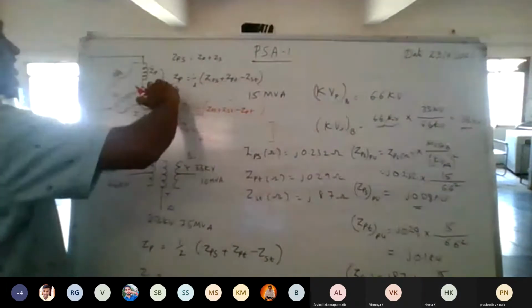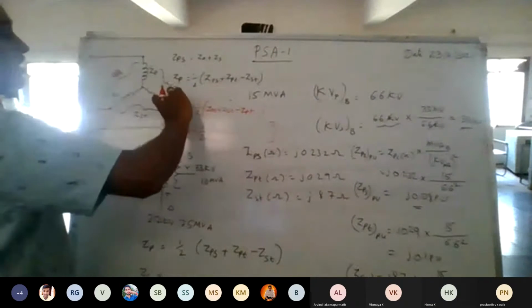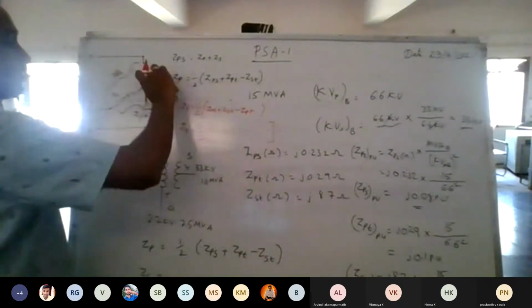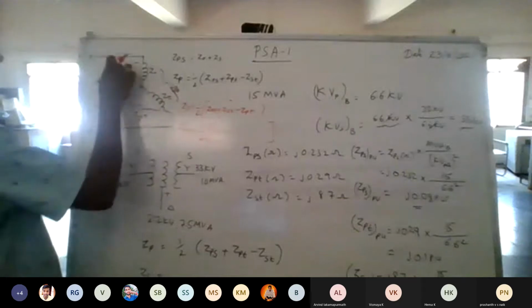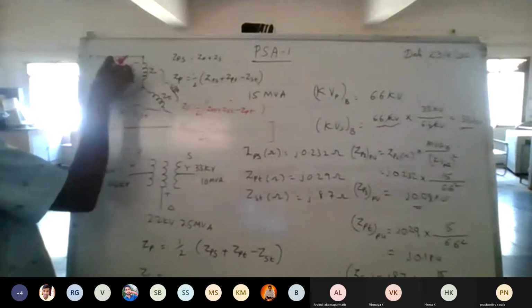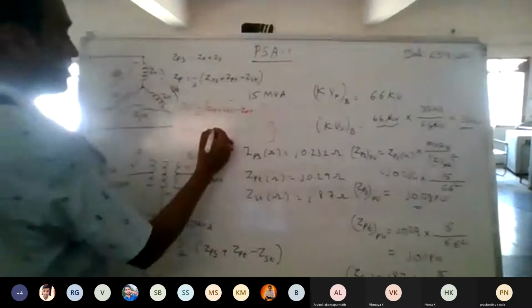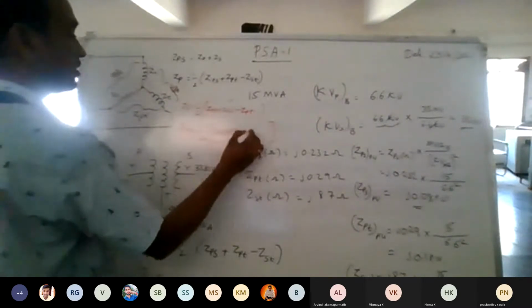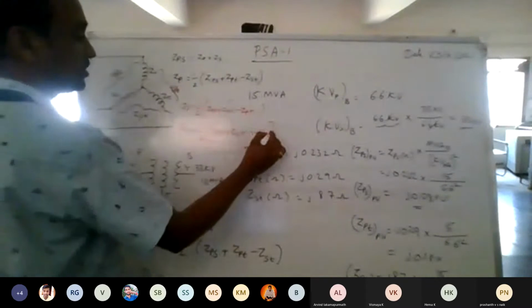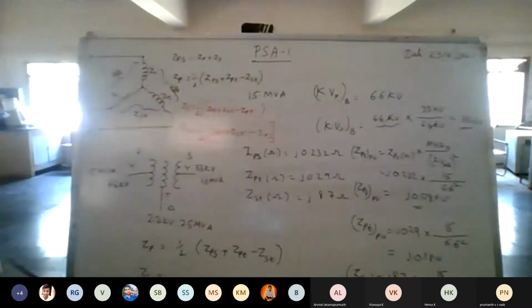For ZT, ZPT is common and ZST is common, and ZPS is not concerned with ZT. Therefore ZPT plus ZST minus ZPS. So these are the equations.